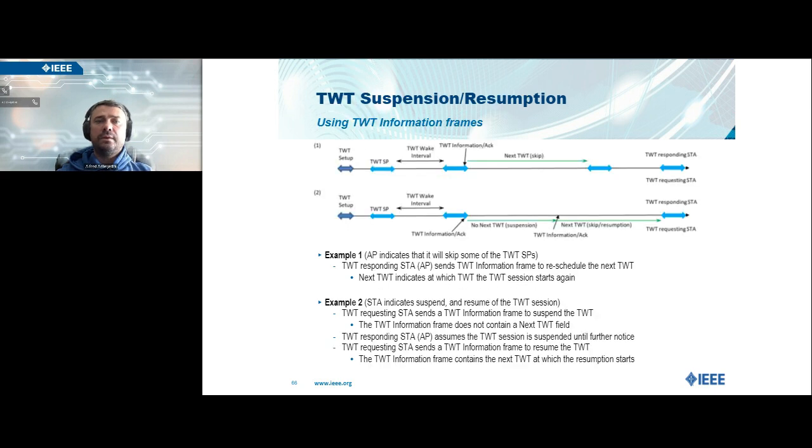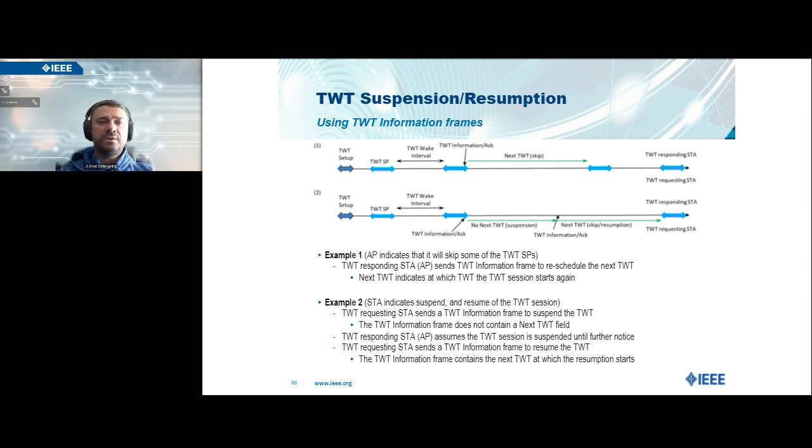So the additional functionalities that I was referring to for the TWT information frames are, in general, resumption and suspension of TWT schedules. So in general, since the schedules are periodic, the station is required to follow this periodicity unless explicitly stated otherwise. That explicitly stated otherwise is done with the TWT information frame. So let's say that you have periodic traffic for the next 5 minutes.